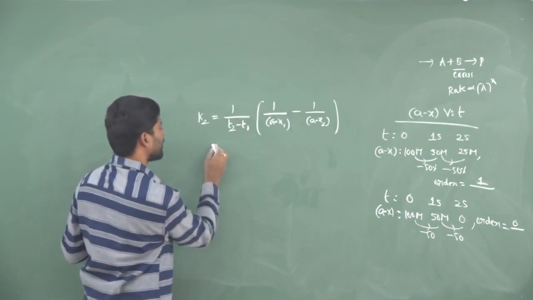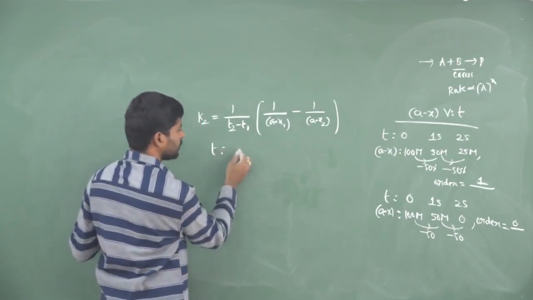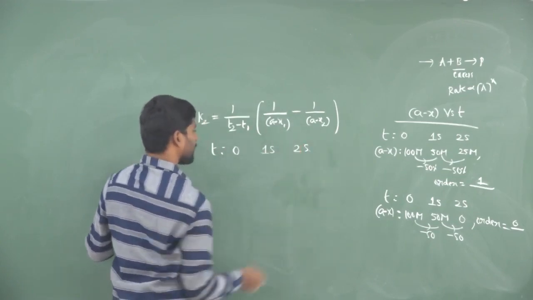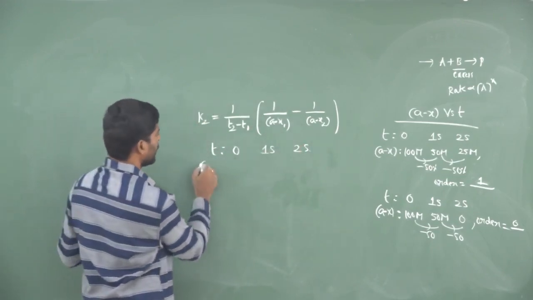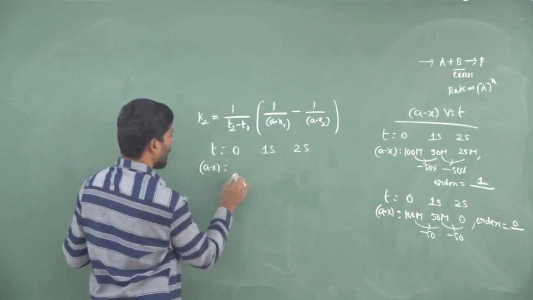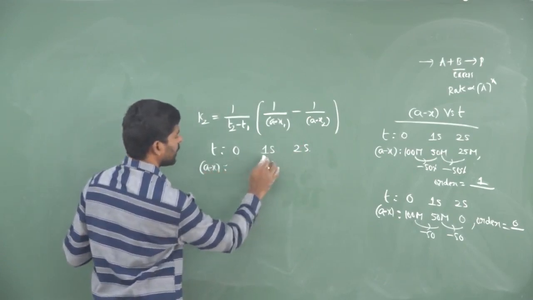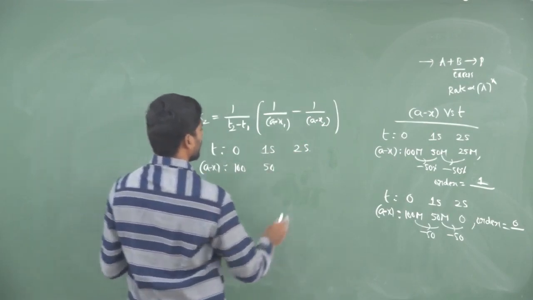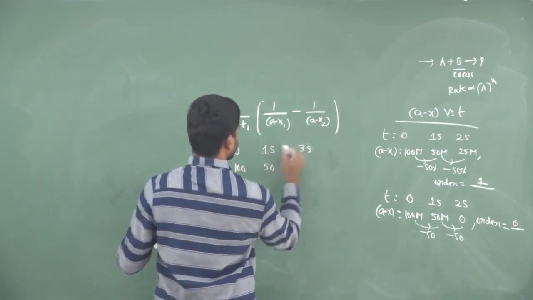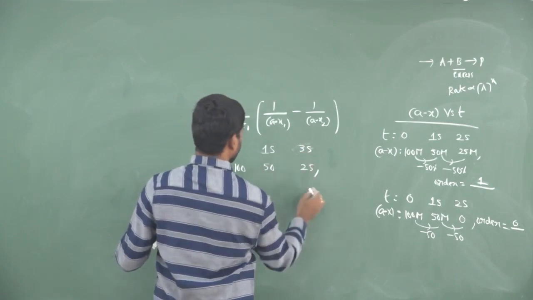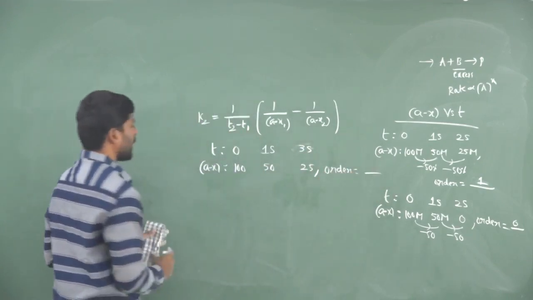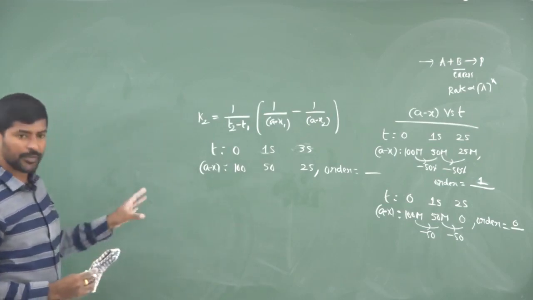For example, I am giving data like this: 0, 1 second, 2 seconds, A minus x. What about the order of this reaction? A minus x versus time, I am giving like that.